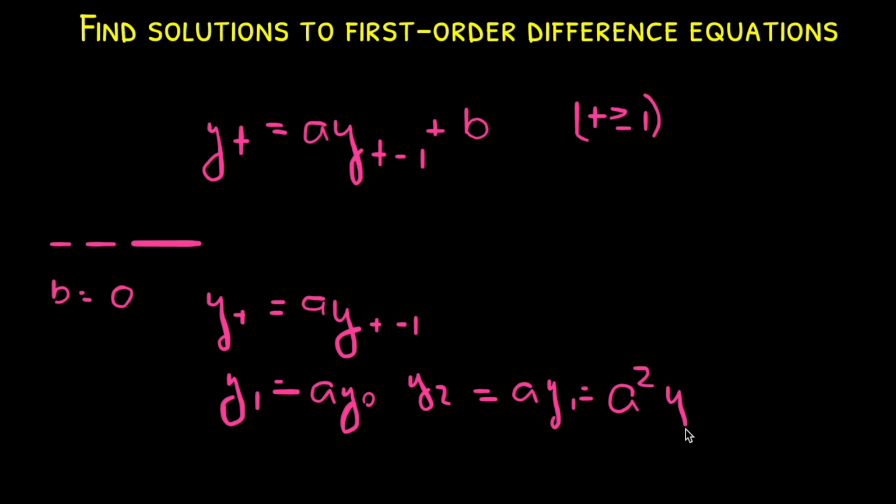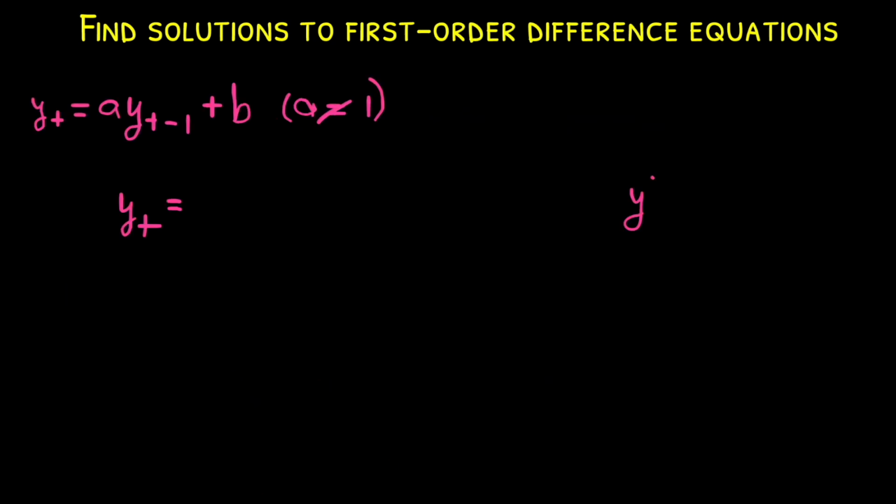You can notice a pattern, and therefore we can write the general solution yt equals a to the power of the index t times y0.